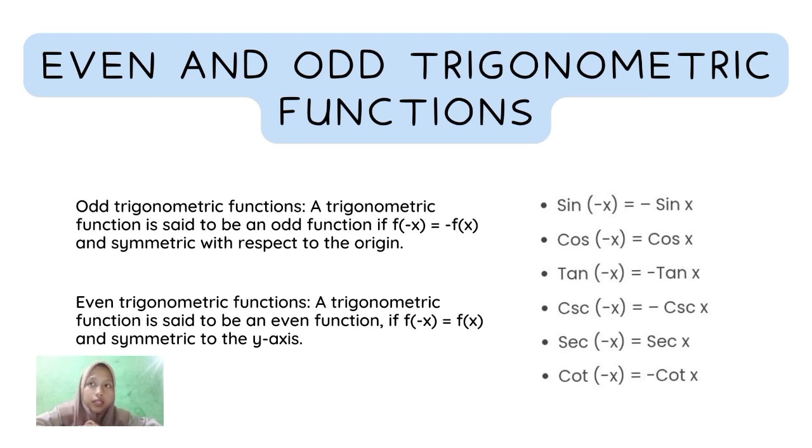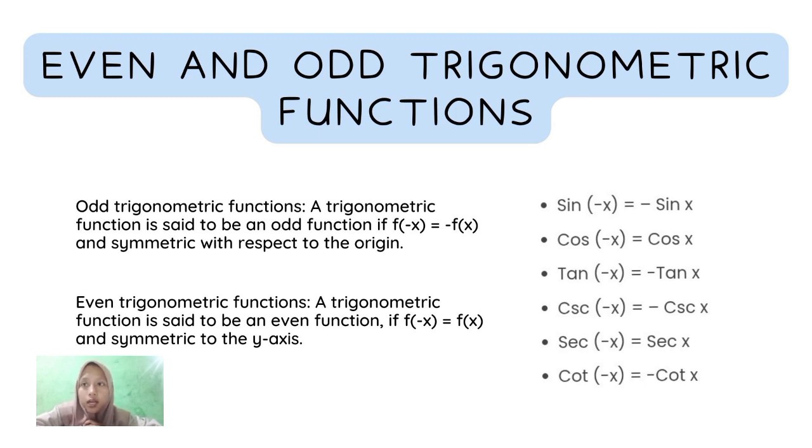We know that sin(-x) equals -sin x. Cos(-x) equals cos x. Tan(-x) equals -tan x.